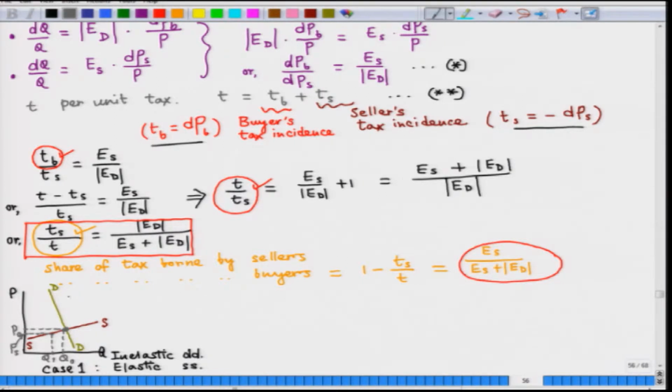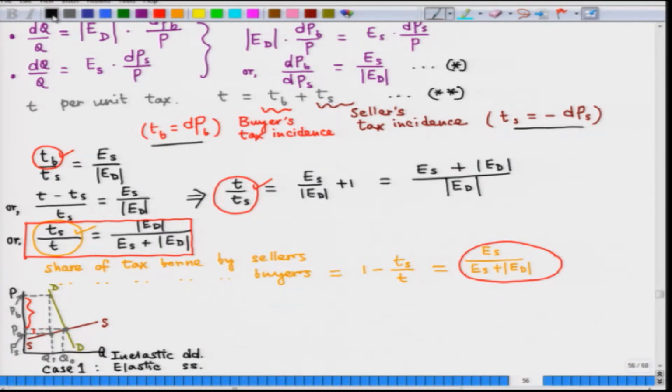Now, if you move up, then you meet this demand function, right, and the corresponding price that can be read from the demand function for this equilibrium output level is basically PB, right. Okay. So, now you look at the share borne by the consumer, which is much higher compared to what is borne by the seller, right.